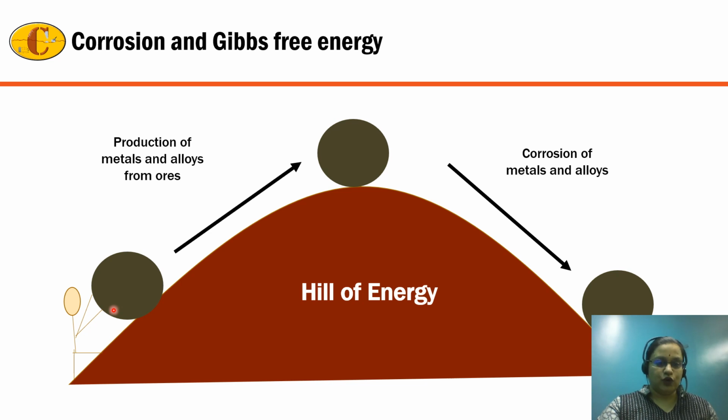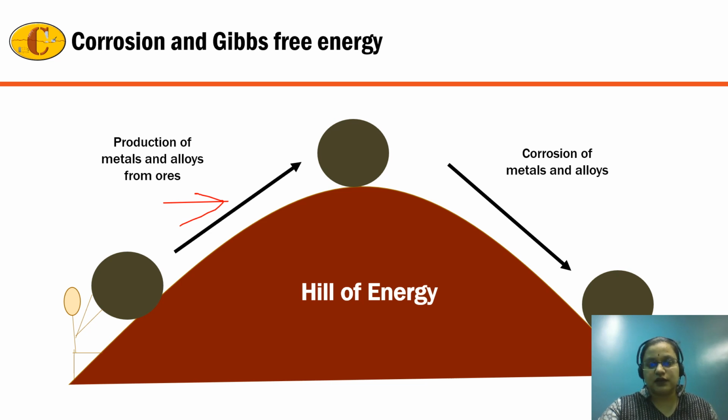If we want to refine it into a pure metal or an alloy, we have to put in energy, which will push this ball to the top of the energy hill. Obviously, as we can see here, the inflow of energy will lead to the ball or the alloy having a very high energy state and it is unstable. So it is just perched at the top of the hill.